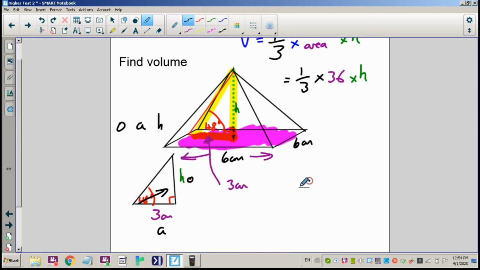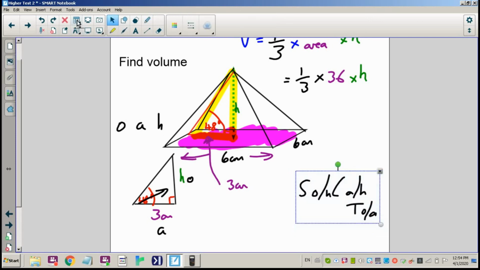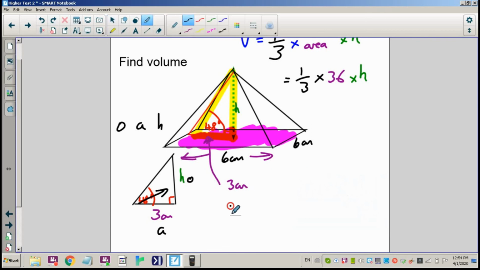So let's remind ourselves with SOHCAHTOA. Which of those ratios are we going to use? O and A. And that's the one next to the capital T. So it's going to be the tangent. So you're right, the tan of the angle 48 degrees equals h all over 3 centimeters, or 3, because we're going to put the units at the end.